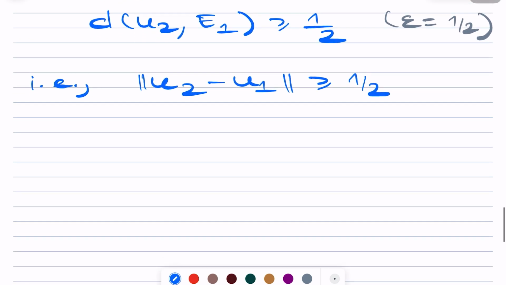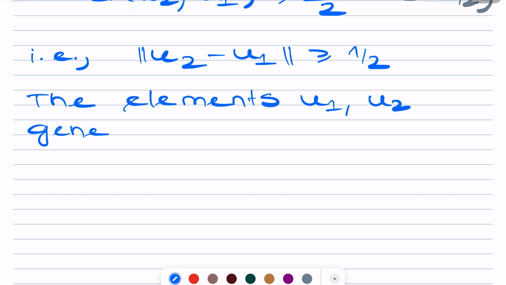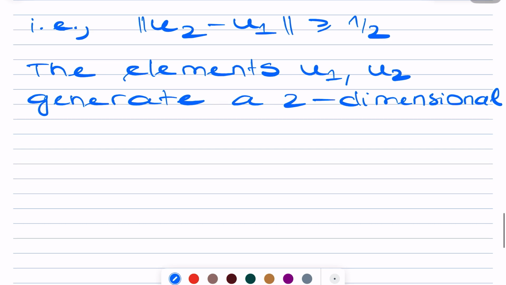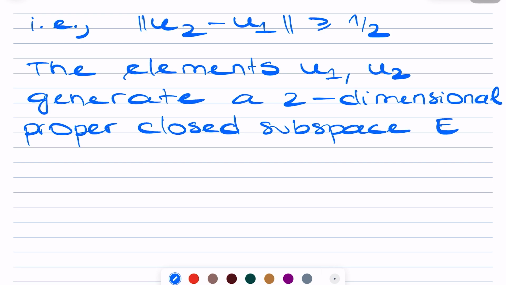So now the elements u1, u2 generate the two-dimensional proper closed subspace of E that we call E2.